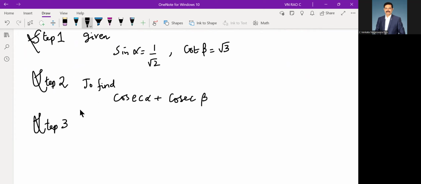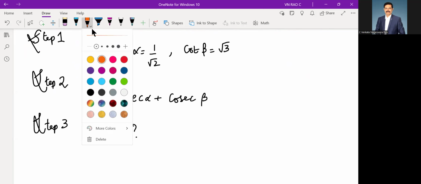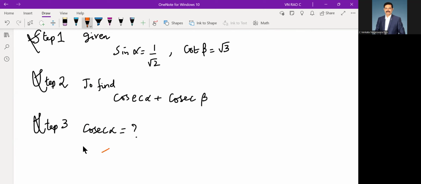Step 3. First we'll try to find what is cosecant alpha. From the given terms, we know sine alpha is equal to 1 by square root 2. So we know that cosecant alpha is the reciprocal of the sine.